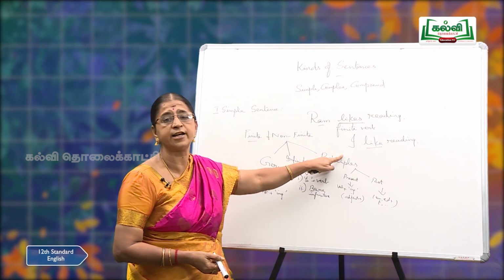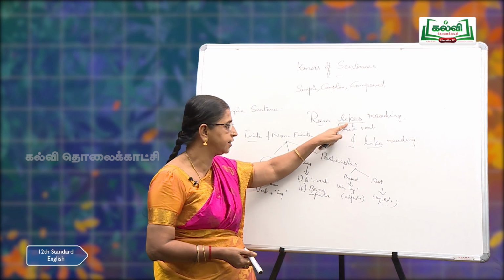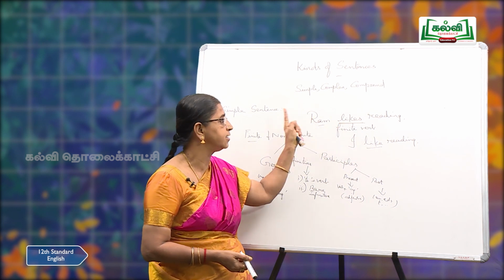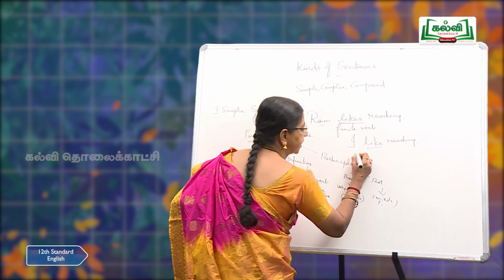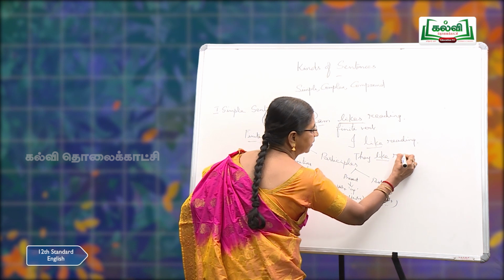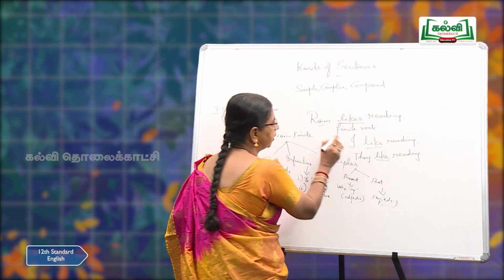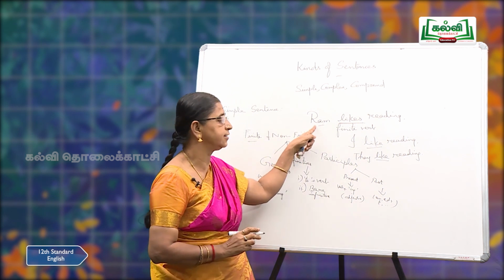So here what have I done to the verb? Instead of likes I have written like. So here the verb depends upon the person and the number of the subject. Suppose I say they, again I would say they like reading. Now look at the difference here, Ram likes reading, singular, and here third person.